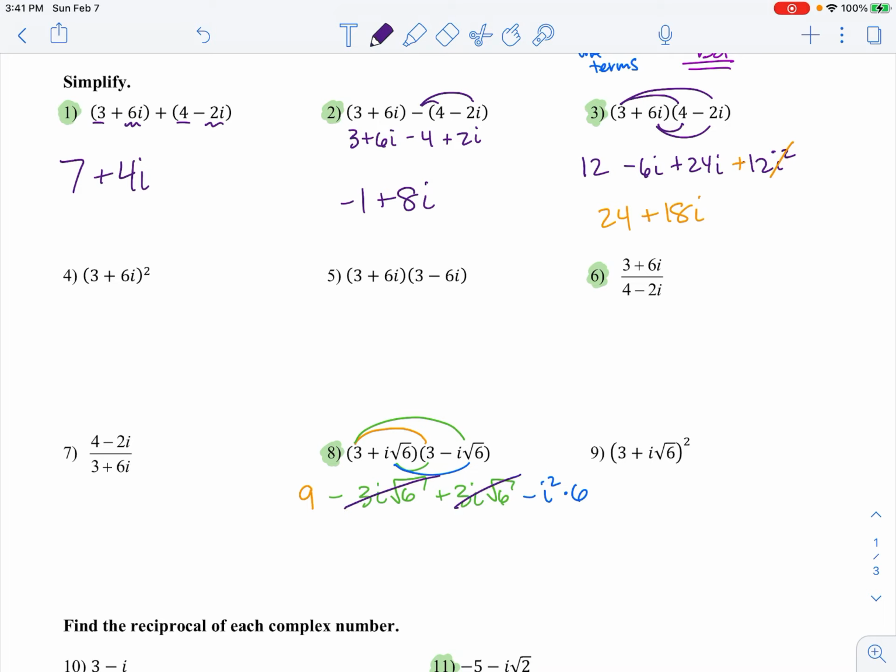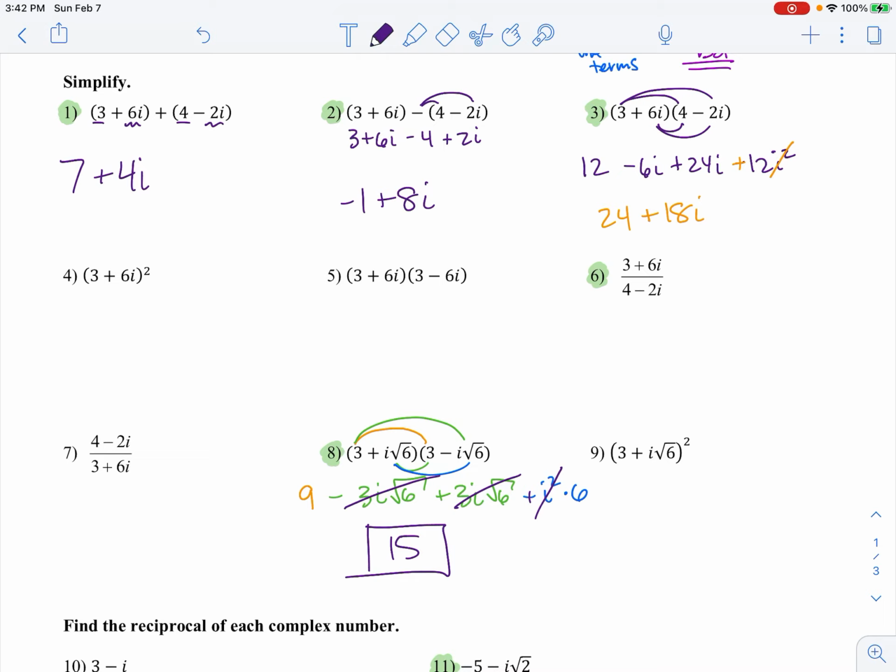We knew this because these two are conjugates. And then what else happened? Minus i squared times 6. The i squared will make it plus, and I get 9 plus 6, which is going to give me just 15 as an answer.